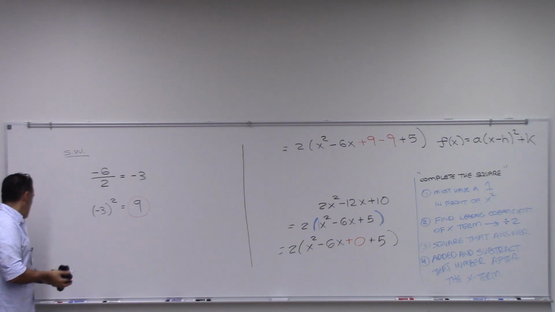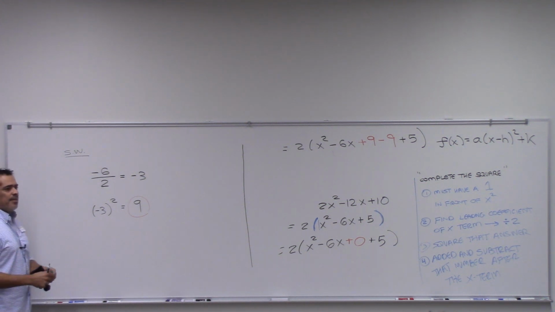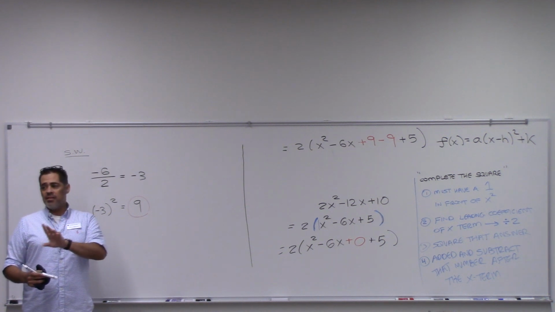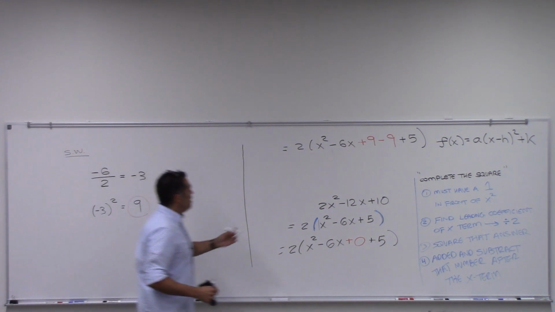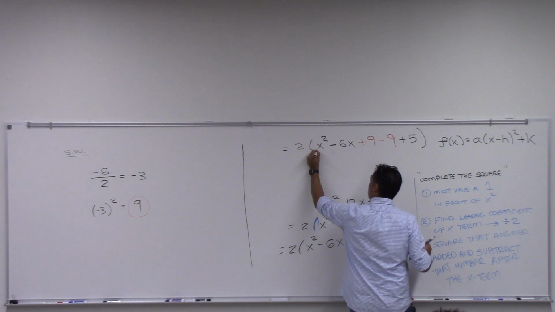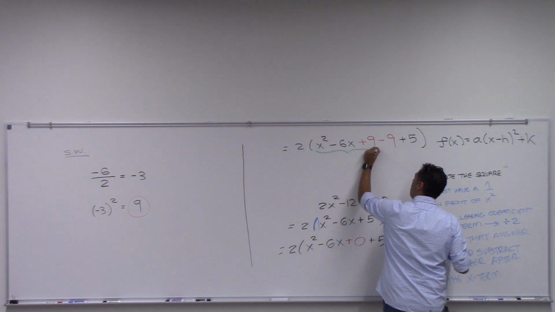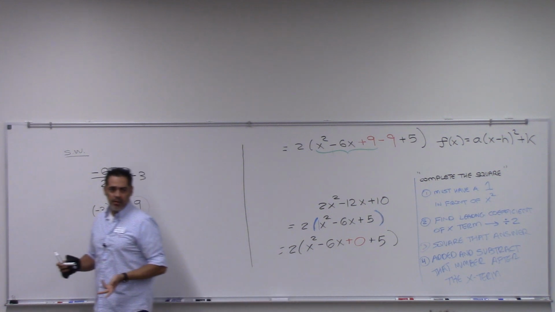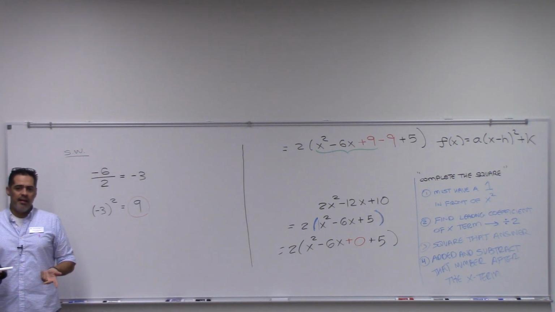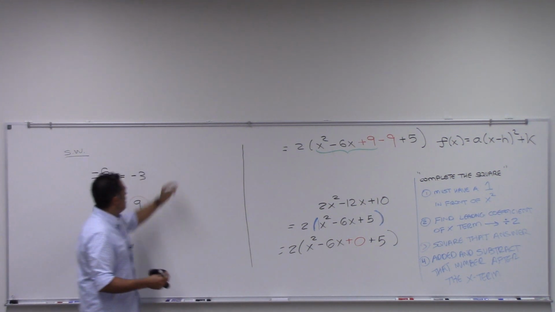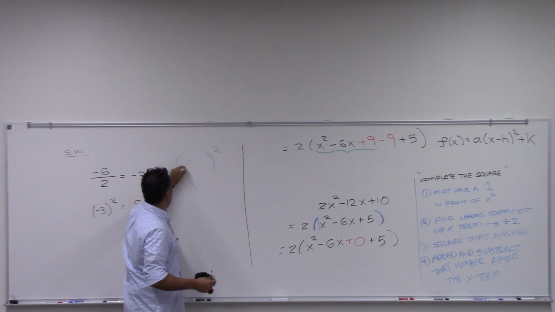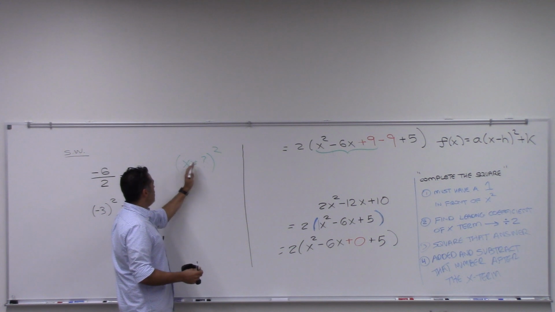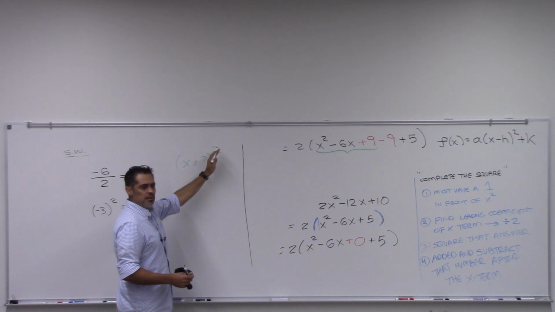Now, the reason why is this. If you did all of this correctly, something is guaranteed to happen. These first 3 terms are guaranteed to be what we call a perfect square trinomial, which means that it breaks down to be something like x and then either a plus or a minus, x plus or minus a number, squared.